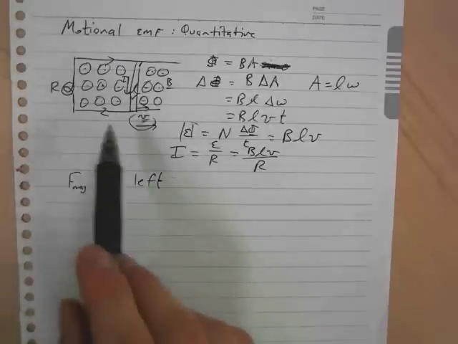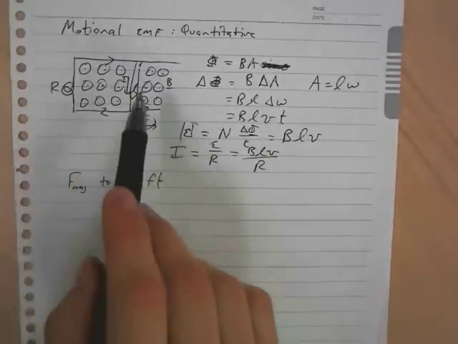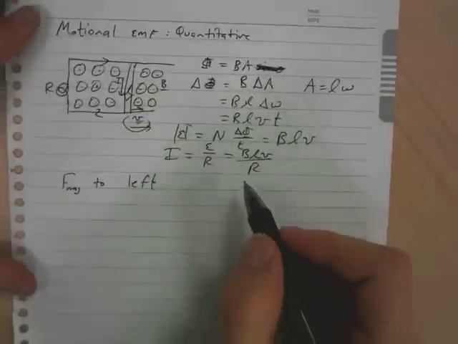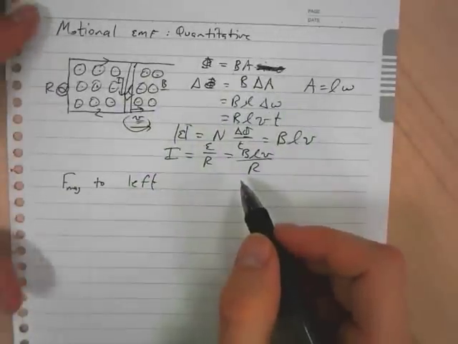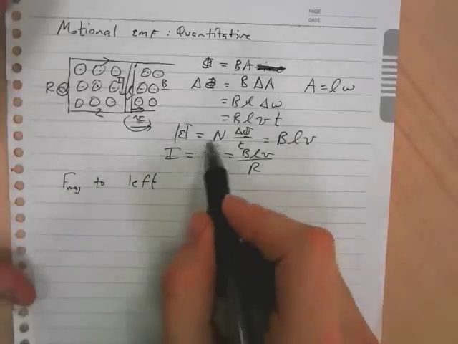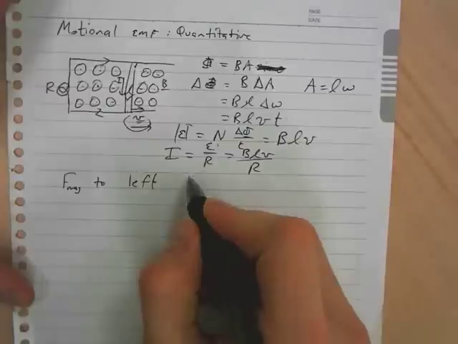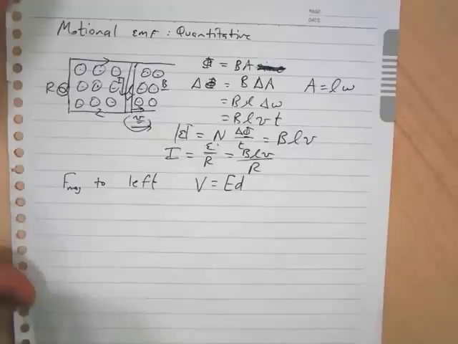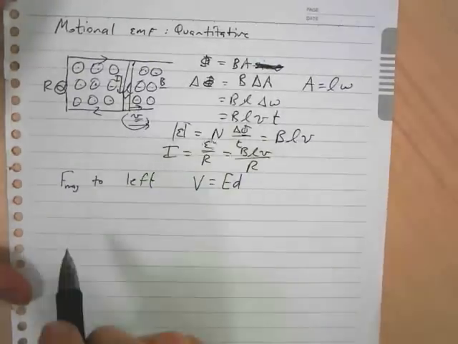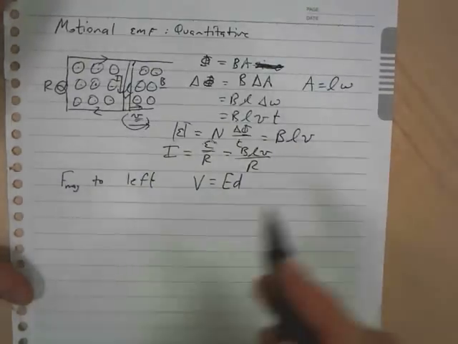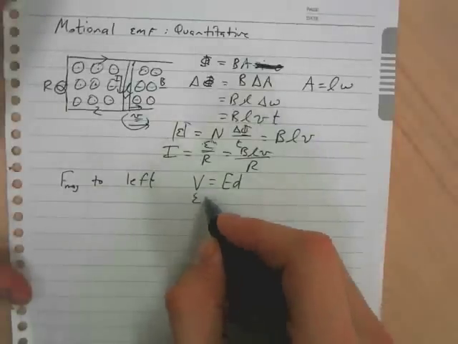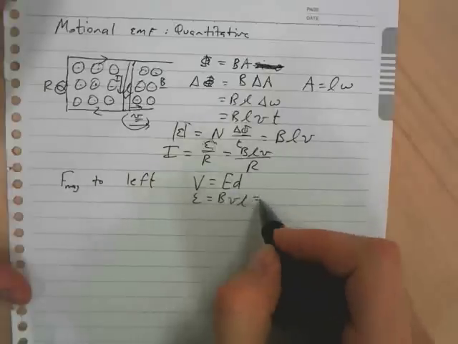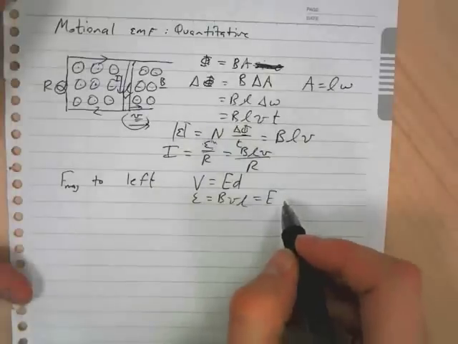But before we get there, I want to show one more thing, and that is that there's an E field that's generated. An electric field relates to the potential difference, like so, and our potential difference is just this EMF, which we know is BvL, and that's equal to the electric field times the distance.